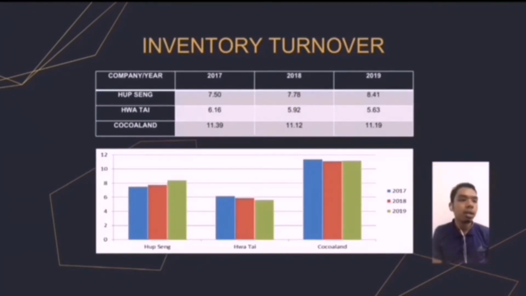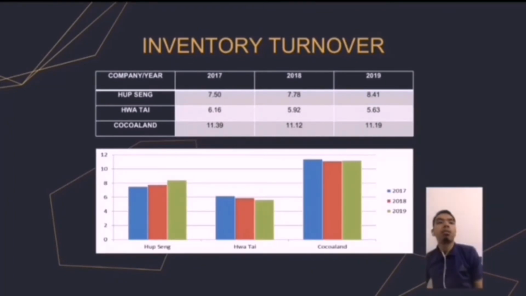For the next one, we look at the activity ratio, which is the inventory turnover. Inventory turnover is the ratio that indicates how many times a company sells and replaces inventory in a given period of time. The company can then divide the days in the period by the inventory turnover formula to calculate the days it takes to sell the inventory.